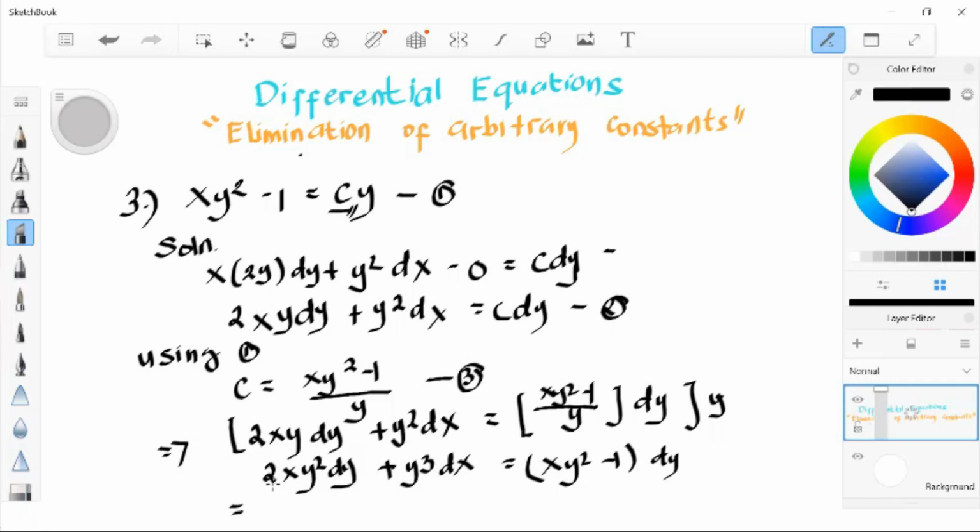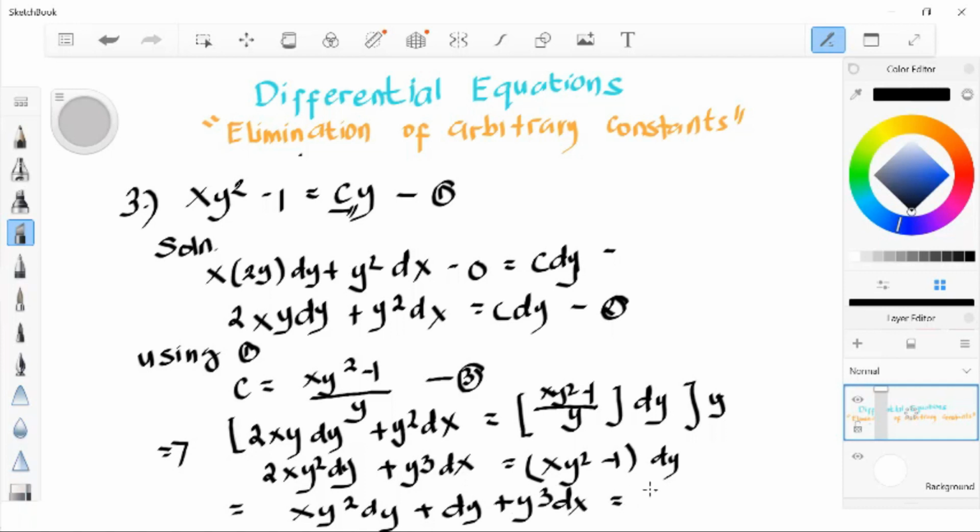Therefore, 2 minus 1, that is 1, xy squared dy, and this negative 1, as we transpose it to the other side, would become positive 1, dy, and for dx, that is nothing but y cubed dx.